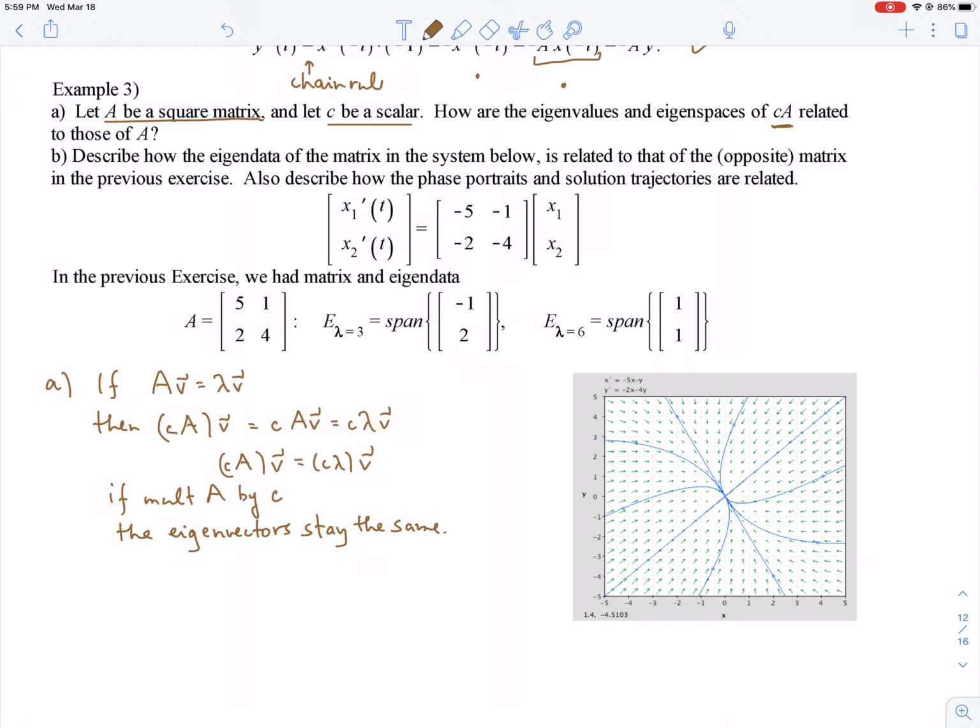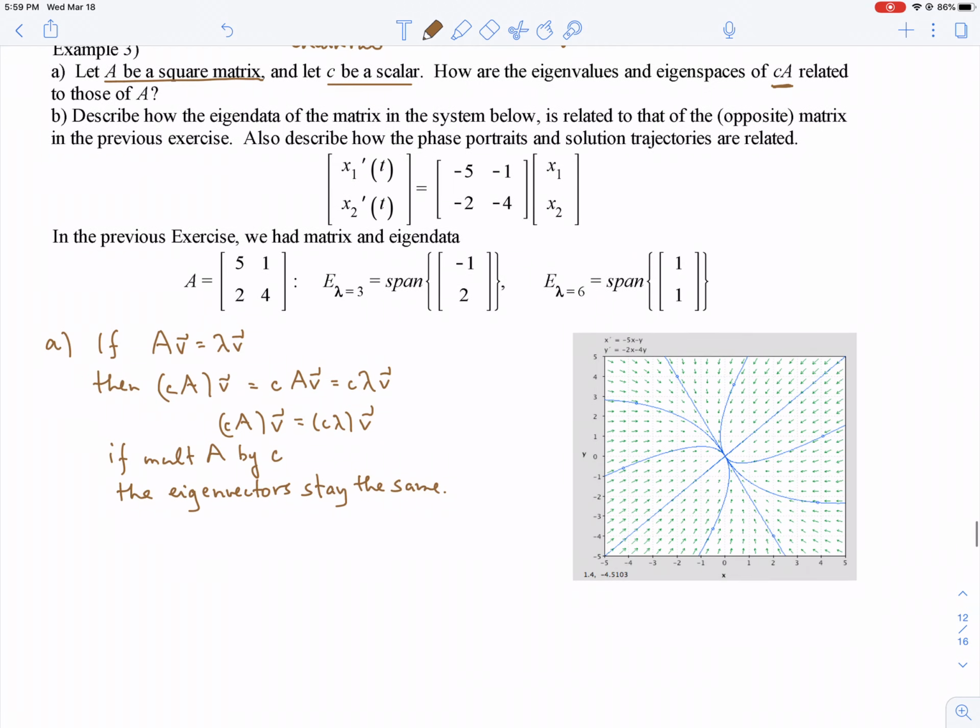But the eigenvalue changes from lambda to C lambda. So the eigenvalues are multiplied by C.